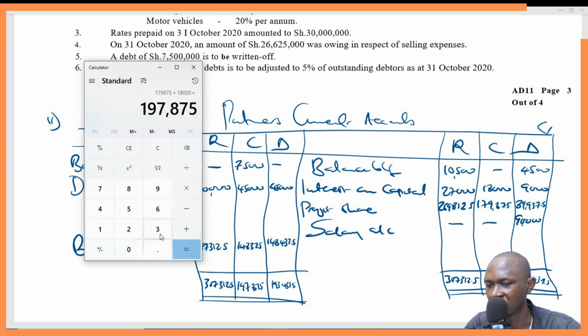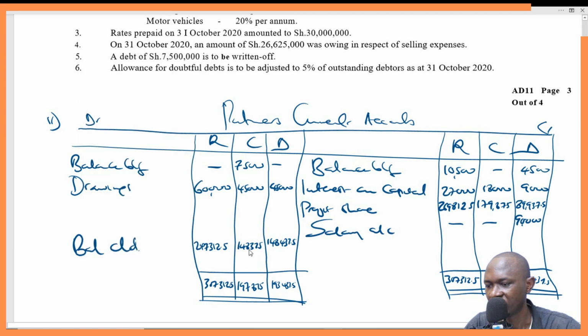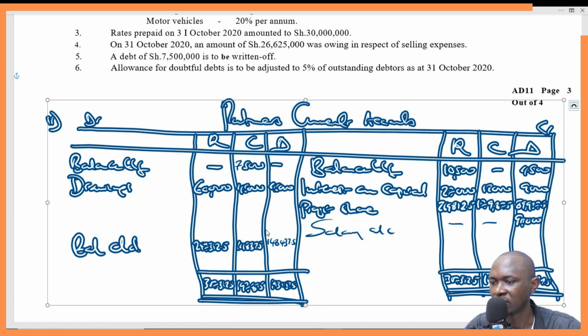Minus now this, minus 5,000, minus 75. This gives us 145,375. So what figure is supposed to be here? 145,375. Sorry for that. Hope it doesn't mess up everything that we've toiled for.